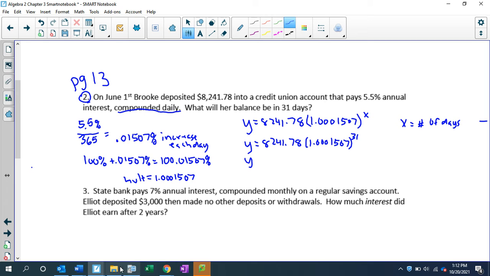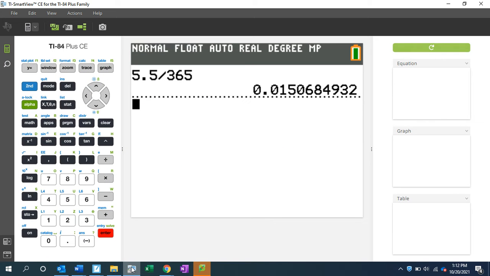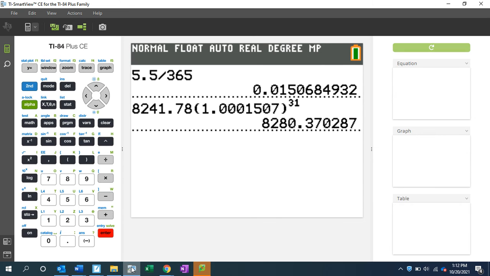And if we use our calculator now, 8241.78 times 1.0001507 to the 31st power. And we get $8,280.37. Remember, we're talking about money, so we're always rounding to 2 decimal places.